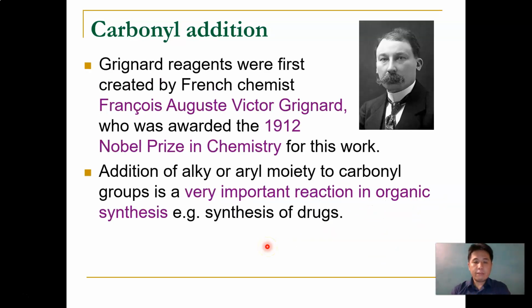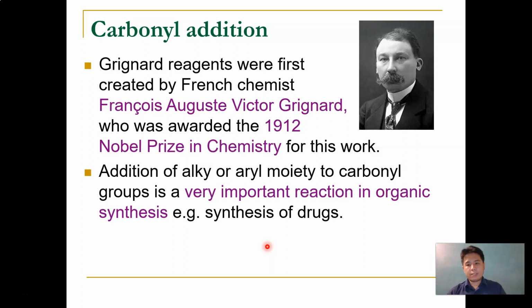Okay, so Grignard reagents are actually a very significant discovery. They were first created by this French chemist, Francois Auguste Victor Grignard, who was awarded the Nobel Prize in Chemistry in 1912 because this is a very significant discovery.